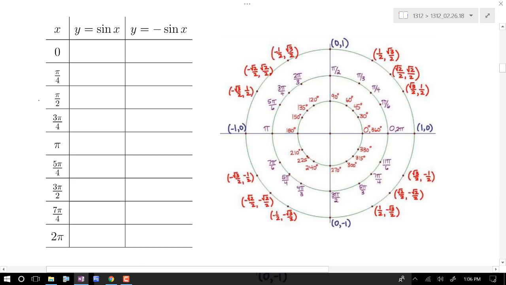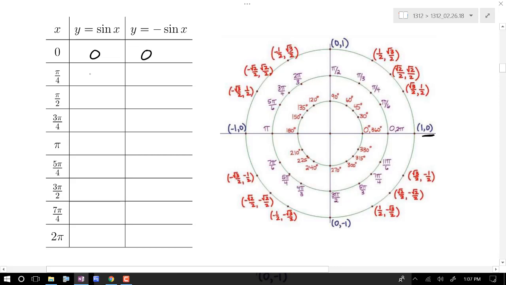So if I want sine of 0, first of all, how do we use the unit circle to get the values of sine? What is it that I'm looking for? A y coordinate. So at 0 radians, we're down here, and the y coordinate is 0, which means minus sine of 0 is also 0.